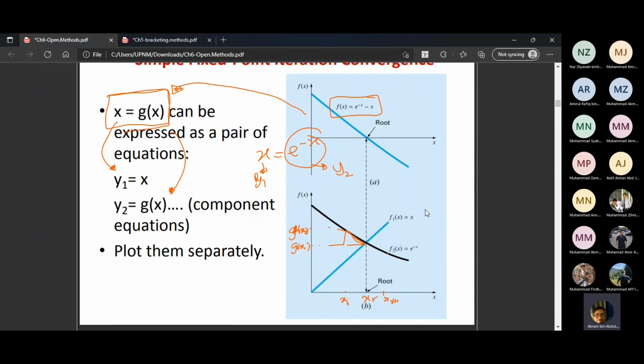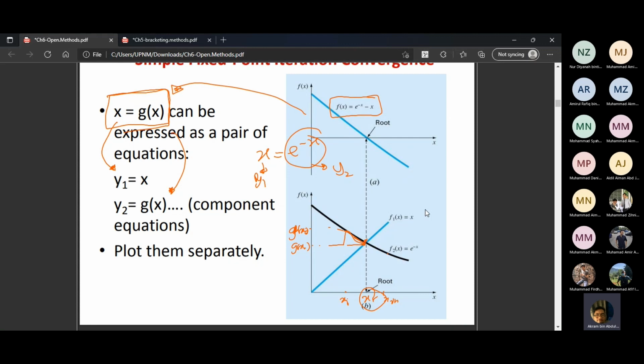Let's say x as y1 and g(x) as y2. When we plot these two functions, x and g(x), when these two lines cross each other, that's the point of our root.